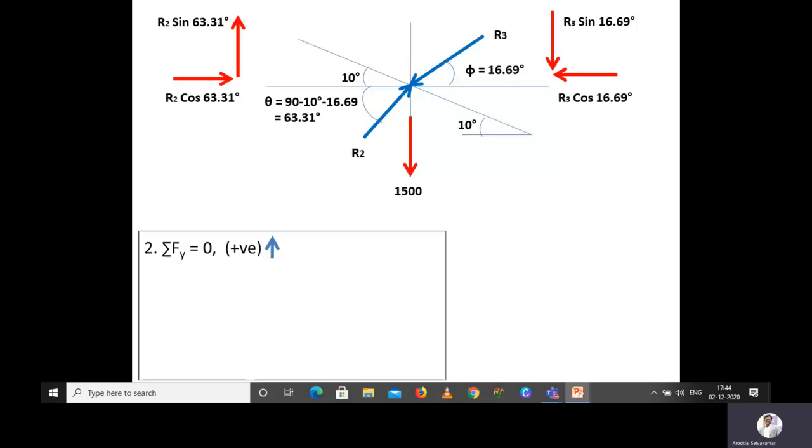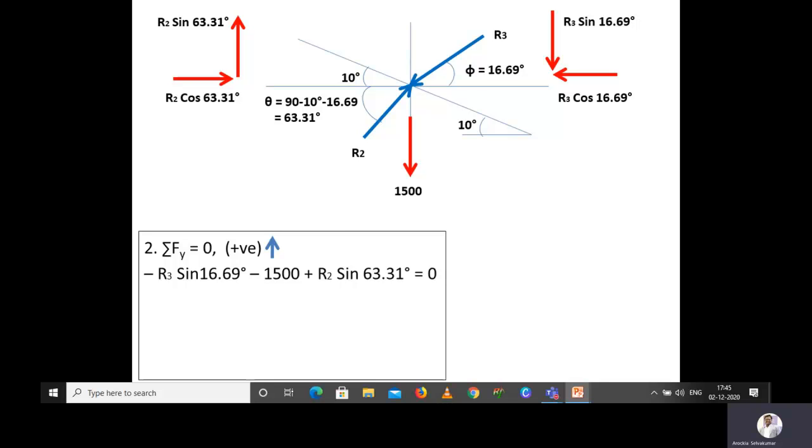In this free body diagram, 1500 Newton is acting towards down, R2 sin 63.31 degrees is acting up, and R3 sin 16.69 degrees is acting towards down. Based on these conditions, we can write minus R3 sin 16.69 degrees minus 1500 Newton plus R2 sin 63.31 degrees is equal to 0.